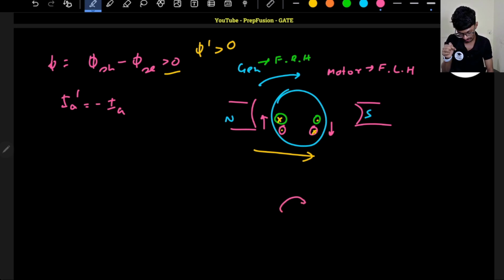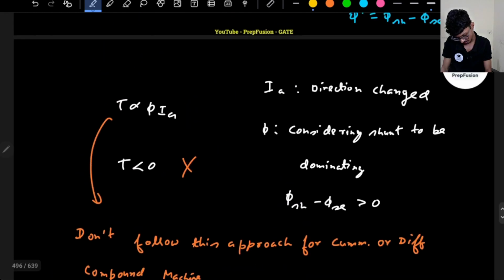So again, in case of motor as well, it is clockwise. So direction of rotation will not change. Okay, so direction... no, it is correct.